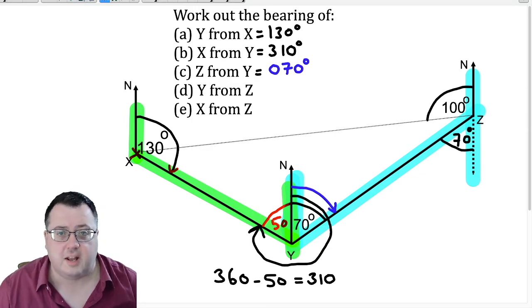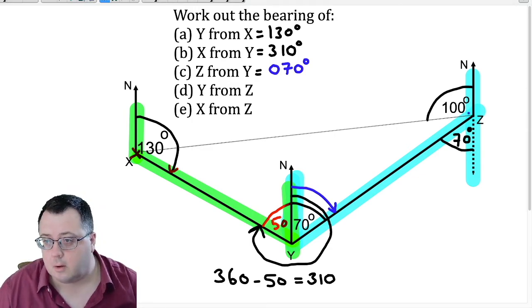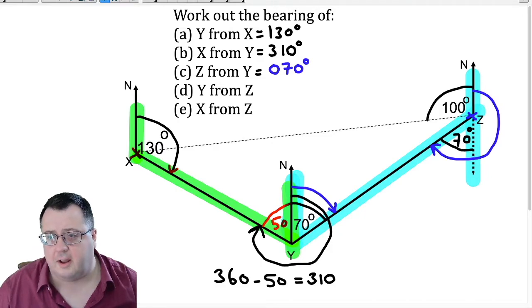We start at Z, put my cross in, we draw the north line which is already there, we measure around clockwise, there we go, and we work that out now.